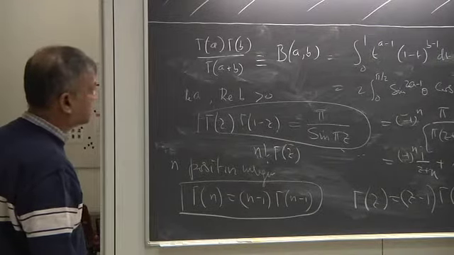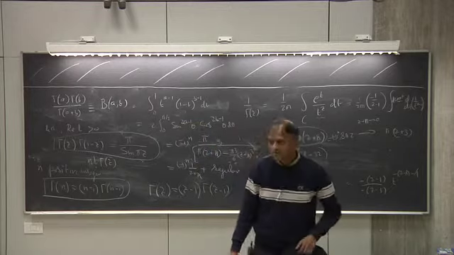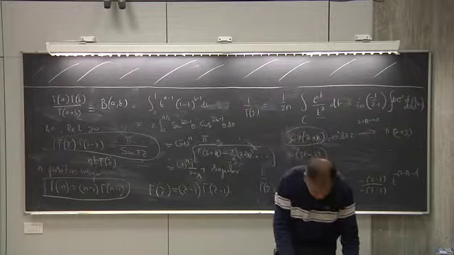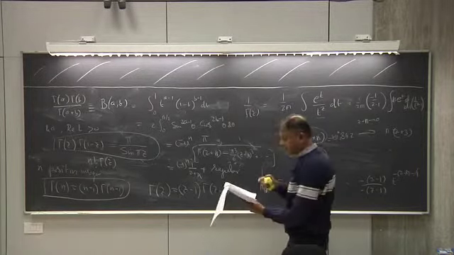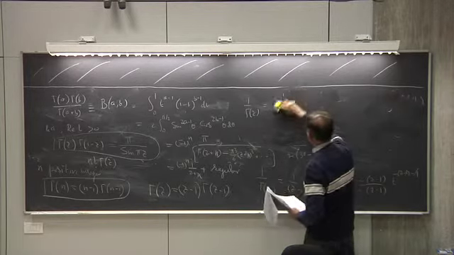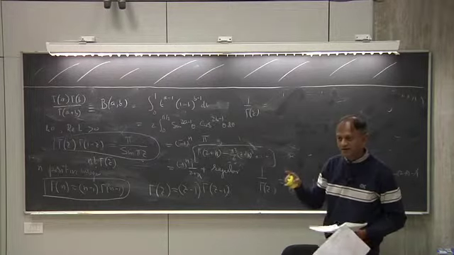So that was one thing, and finally the last thing about the gamma function which was important was the Stirling formula. This formula we obtained by using the example which we worked out in the saddle point approximation.